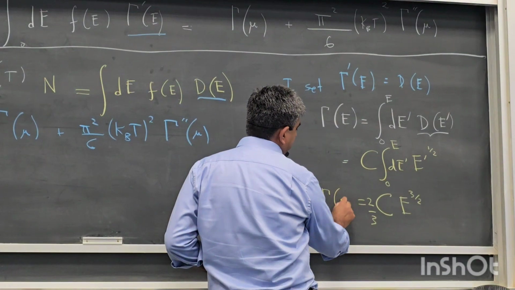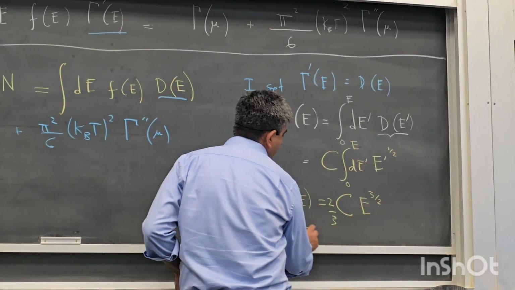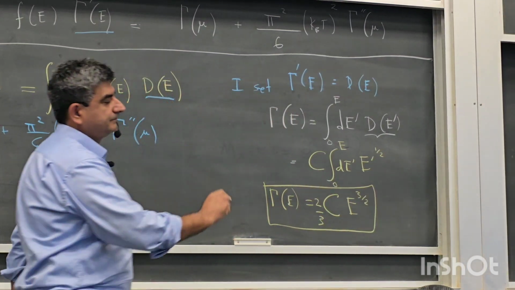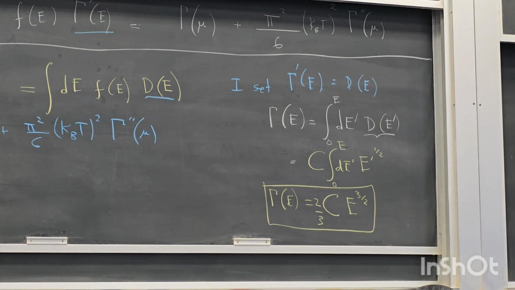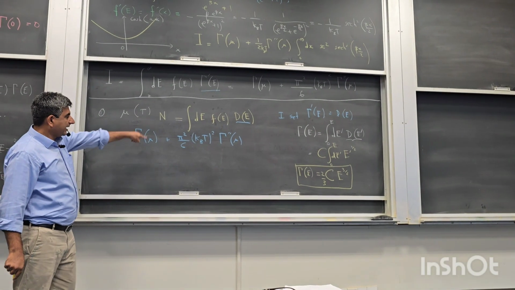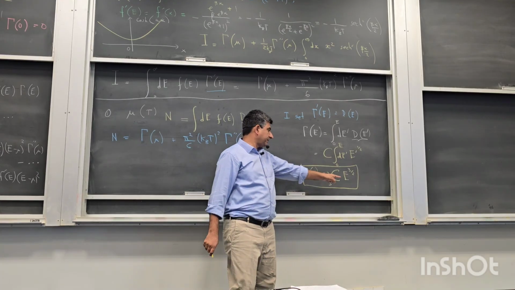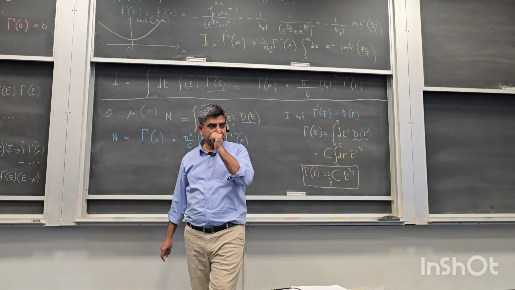This is my gamma at E. So I have computed this term over here. Gamma at the chemical potential would simply be obtained by replacing E with the chemical potential.